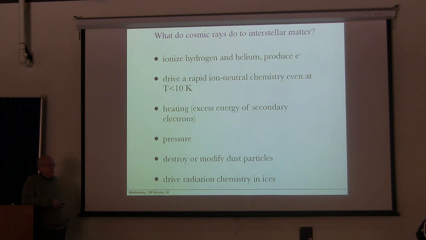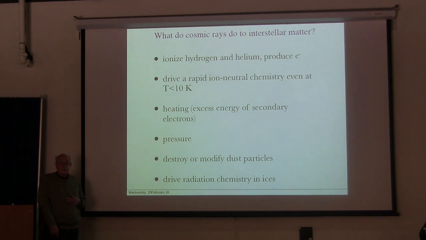The presence of these ions can start a much more rapid ion neutral chemistry that is more rapid in the microscopic sense than a chemistry that would depend upon neutral reactions at low temperatures. Cosmic rays also provide some heating.